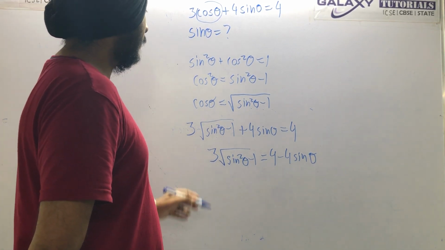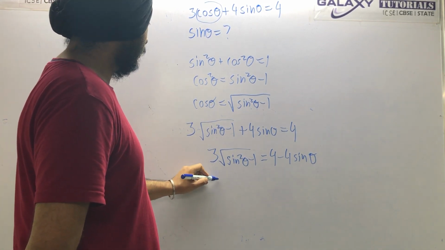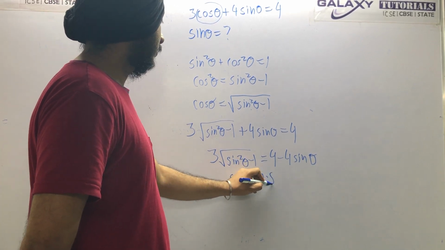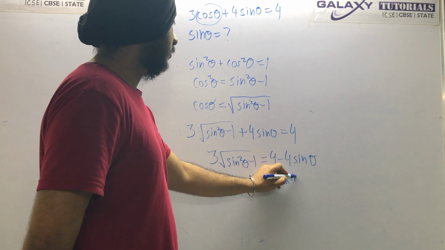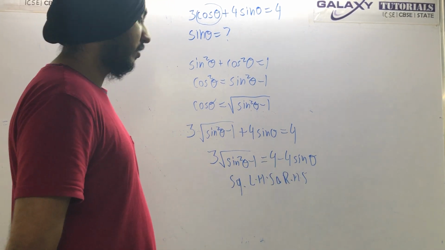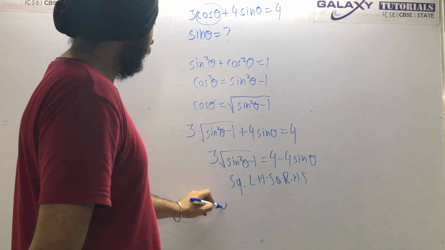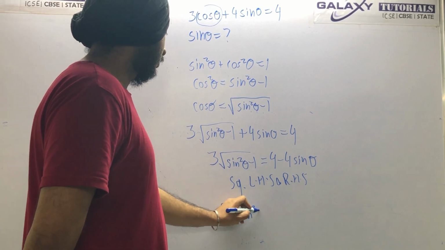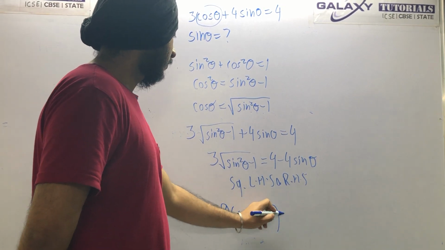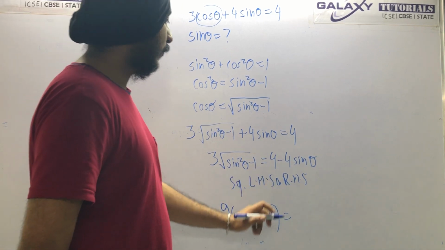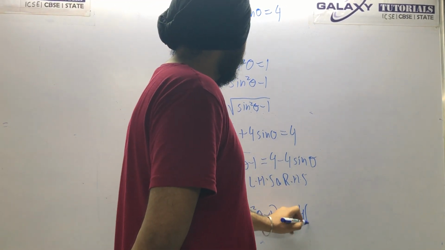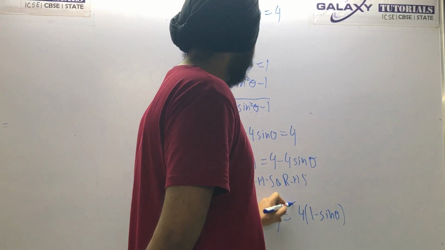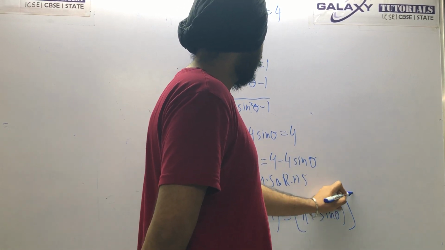So upon squaring LHS and RHS, what will you get? This will be 9 times 1 minus sin square theta, and on the right you can take out 4 common, 4 whole square.